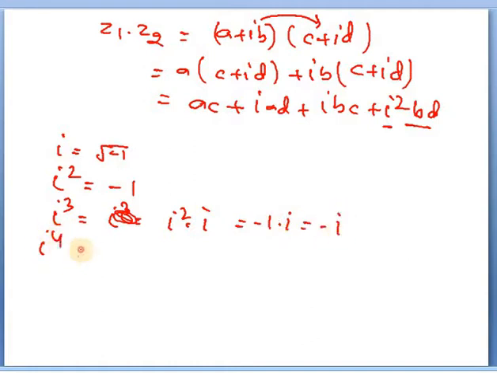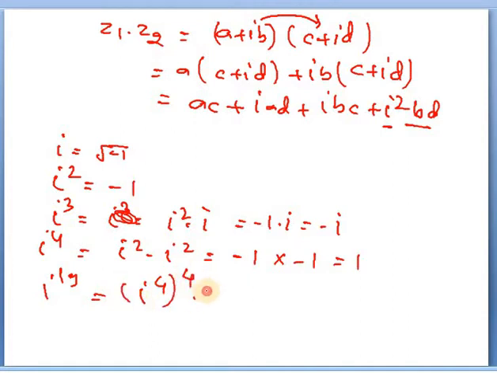If there is i to the power 4, we can write i square into i square, which is -1 into -1 is equal to 1. So if someone gave me i to the power 19, how can we write it? i raised to power 4 raised to power 4 into i cube, so that value will be 1. So that means i cube, and we know i cube is minus i. This is how we can find the value of iota or solve the question.